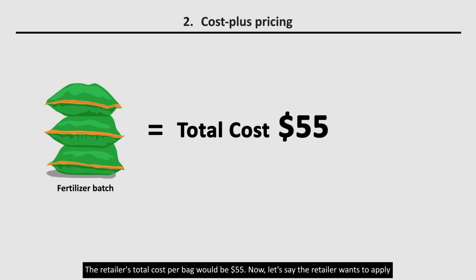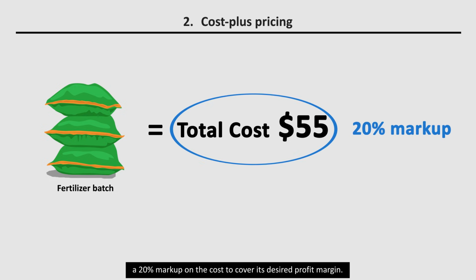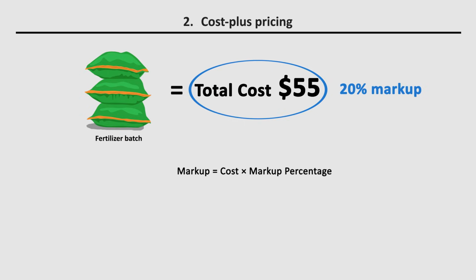Now, let's say the retailer wants to apply a 20% markup on the cost to cover its desired profit margin. To calculate the selling price using cost plus pricing, the retailer would add the markup percentage to the cost. Markup equals cost multiplied by markup percentage.